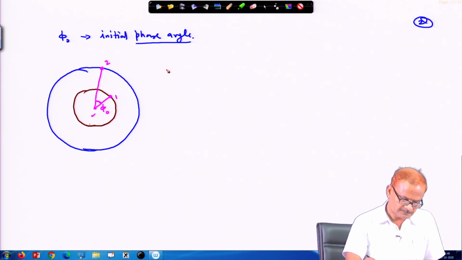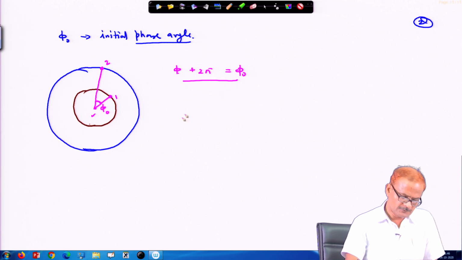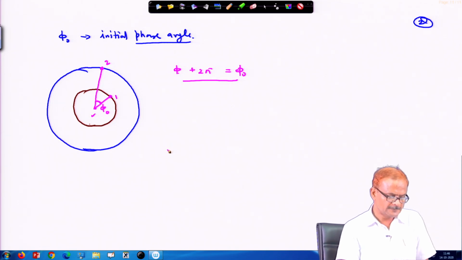So, that means phi equal to phi 0 plus 2 pi, when will this occur. So, I will write it in language.